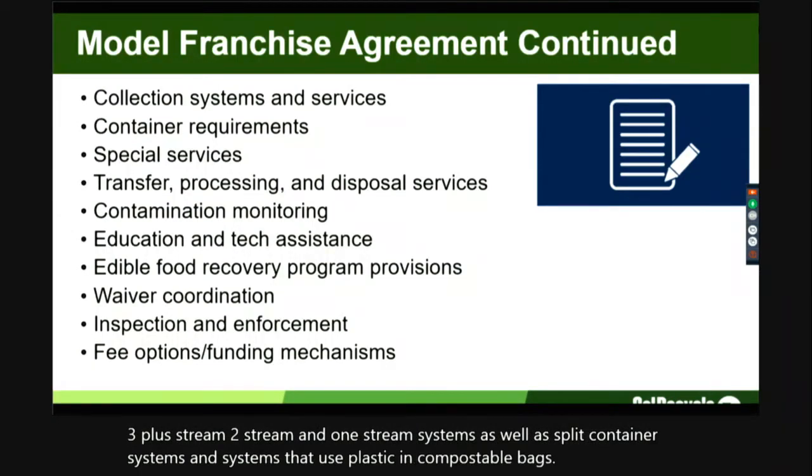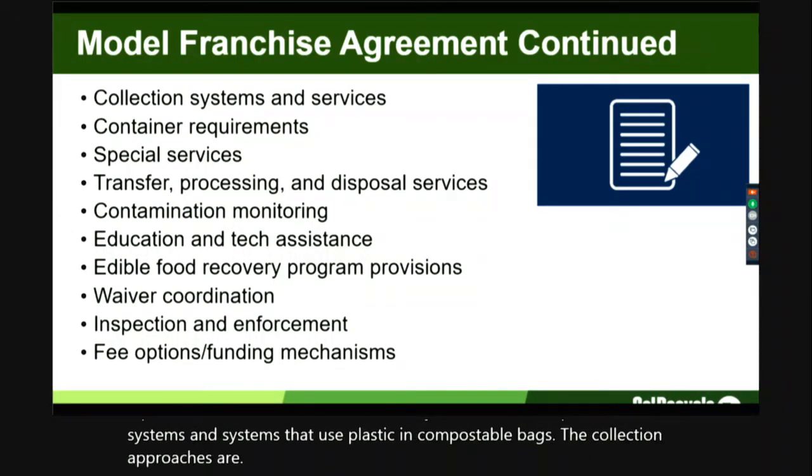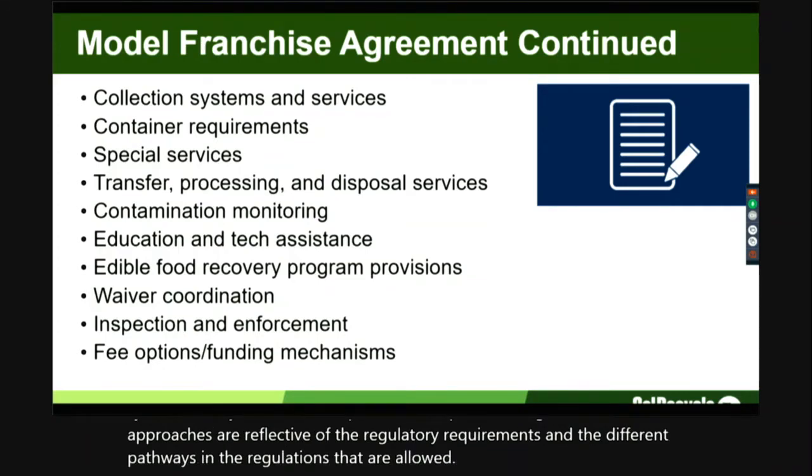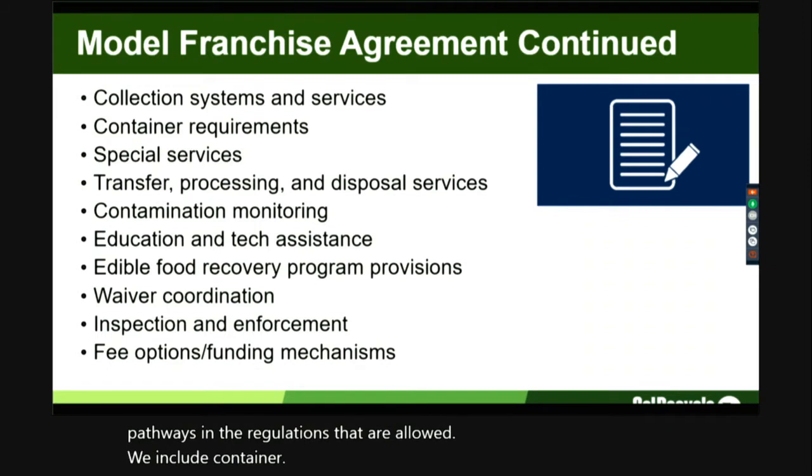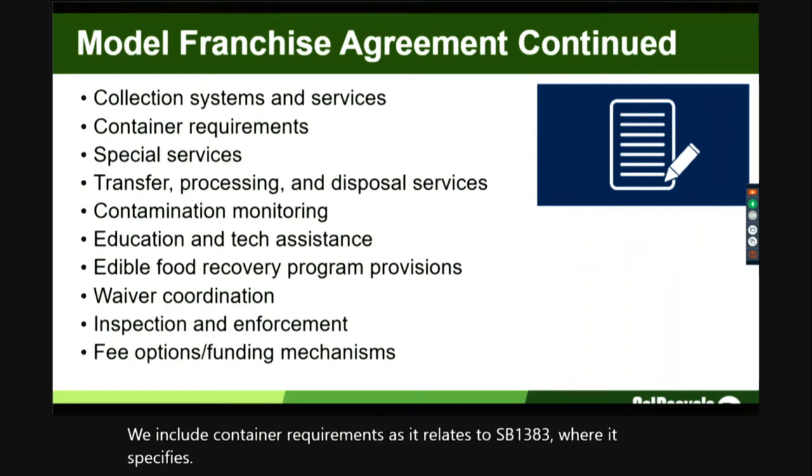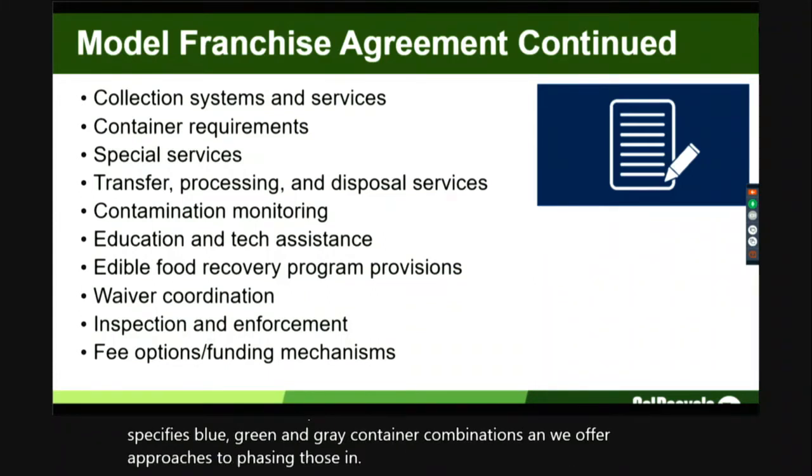The collection approaches are reflective of the regulatory requirements and the different pathways in the regulations that are allowed. We include container requirements as it relates to SB 1383, where it specifies blue, green, and gray container combinations, and we offer approaches to phasing those in either immediately or over time as the law allows.